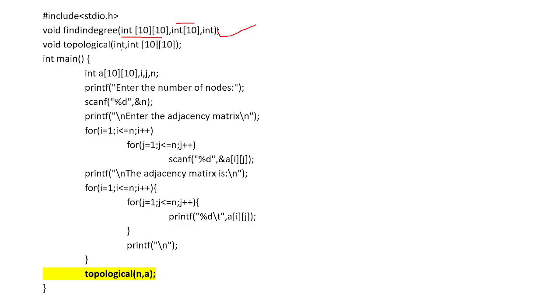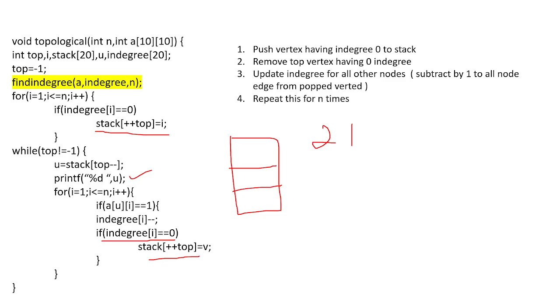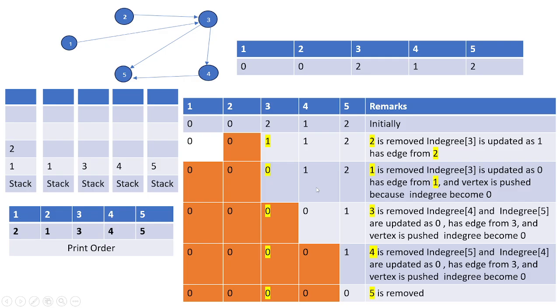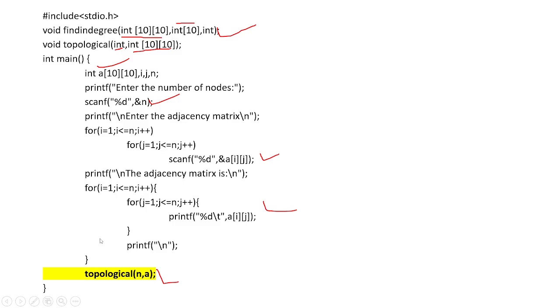You will be passing the in-degree and the adjacency matrix A, and n, the number of vertices. Read the values, you can print it, and call topological order. This is the complete program. The final answer will be 2, 1, 3, 4, 5. Thank you.